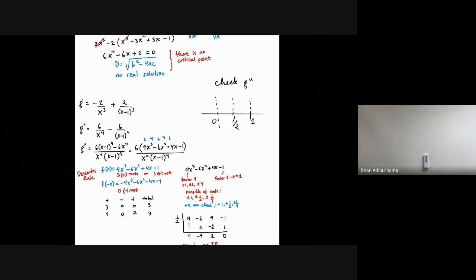Believe me, it will be positive, positive, negative, negative. So when you have positive, positive, negative, negative, the curve will be upwards, upwards, downwards, downwards. So it will be going up, going up, going down, going down.